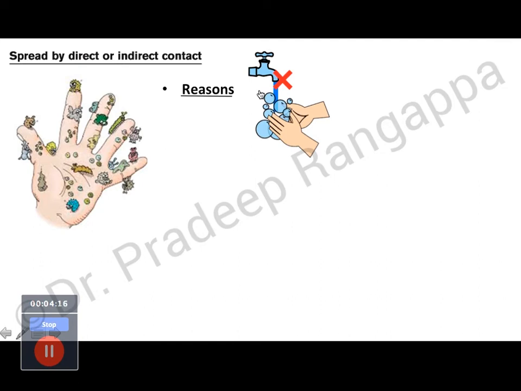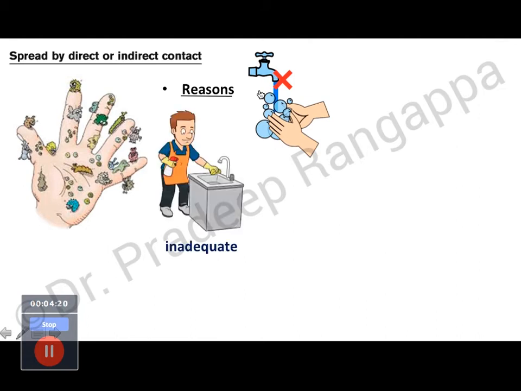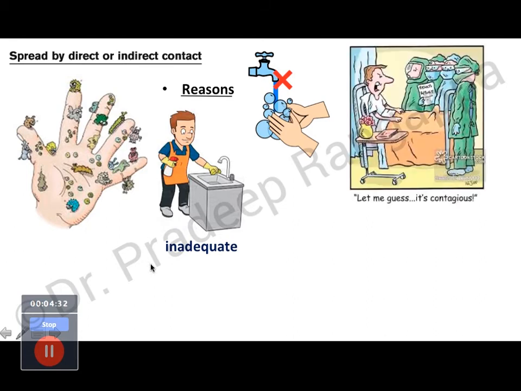Improper hand hygiene or hand sanitization is a very common reason, or inadequate decontamination of the environment. Inadequate cleaning of environmental surfaces is also a common cause of outbreak, as is inappropriate or inadequate isolation of patients who may have infections with the potential to create an outbreak.